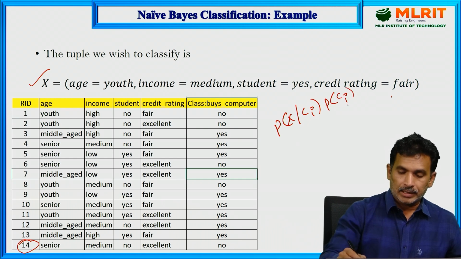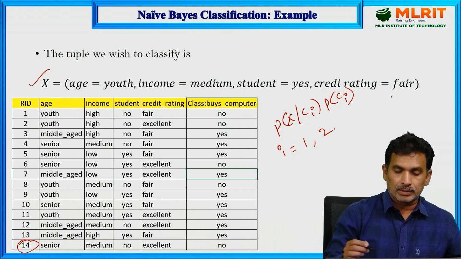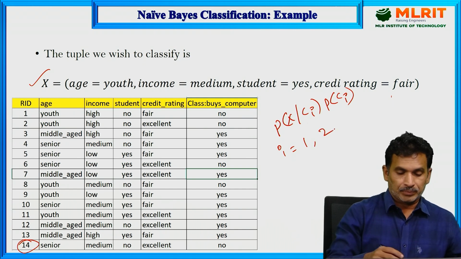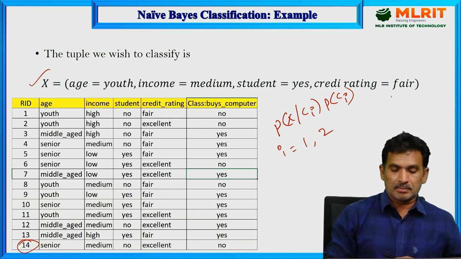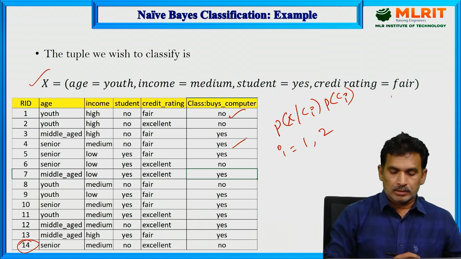What is i here? I would take the two values 1 and 2, because the class label, buys computer, has two different unique values, yes and no.